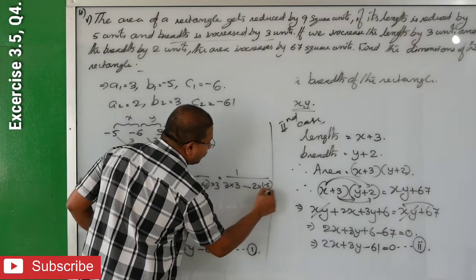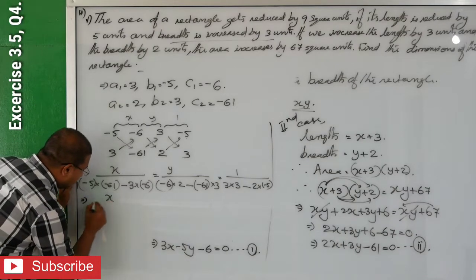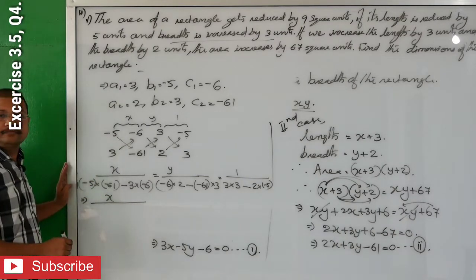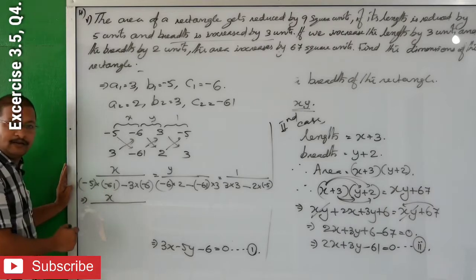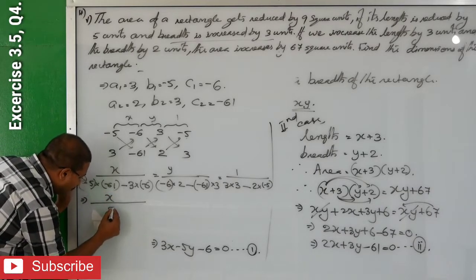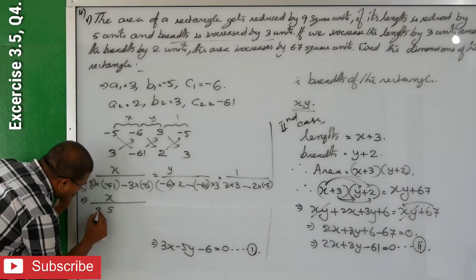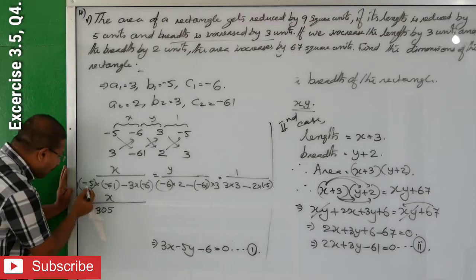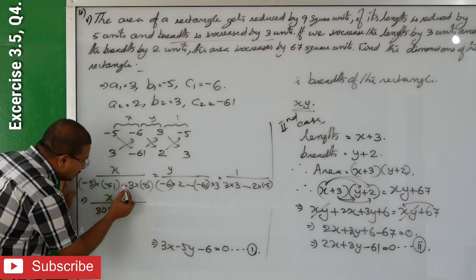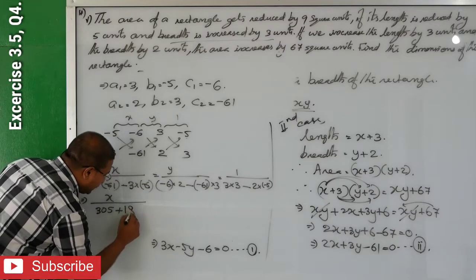Ready? This implies x divided by 5 into 61. So what will you do? 5 ones are 5, 5 sixes are 30, that means 305. Minus into minus is plus. Now this minus into minus is plus, 3 sixes are 18.